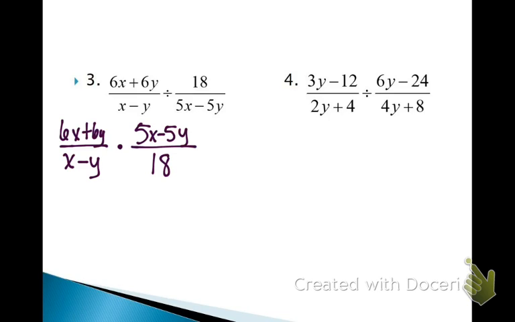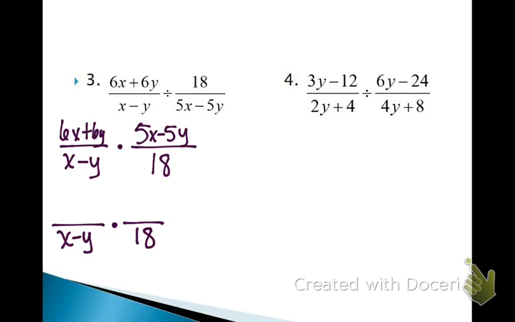What here can get factored? Good. This numerator and the other numerator. Both of my numerators can get factored, but neither of my denominators can. So if we set up our fractions again, I know for a fact that my denominators are staying the same for now, and I have to factor my numerators.